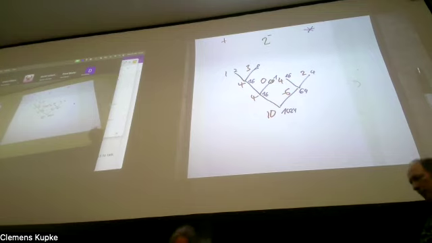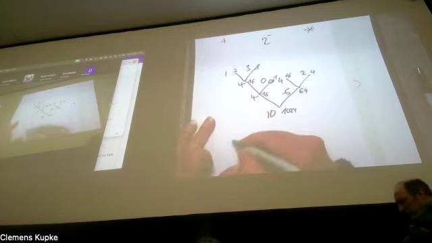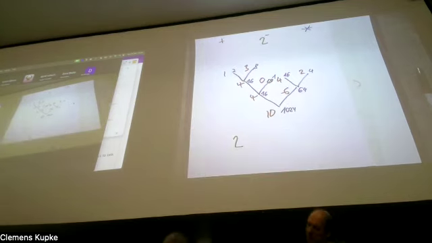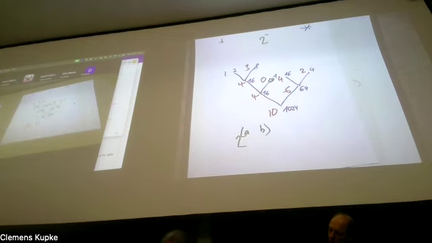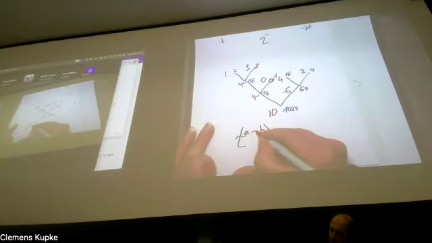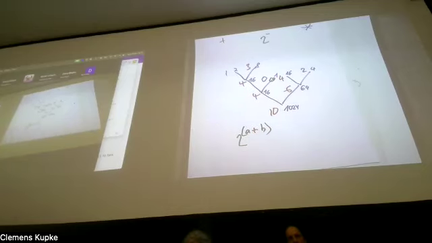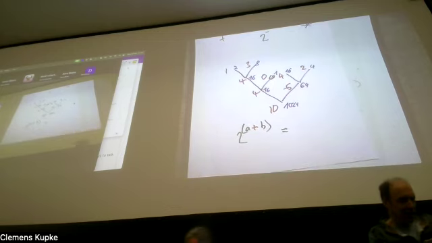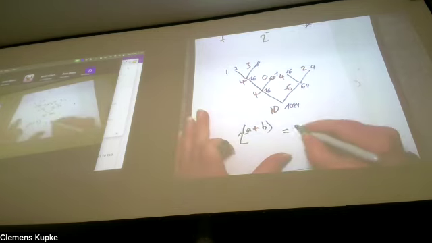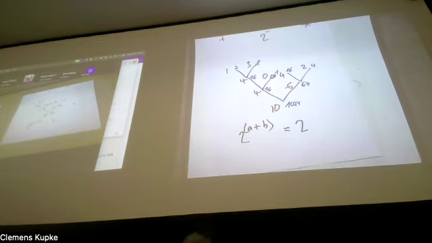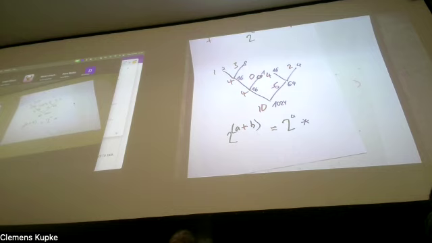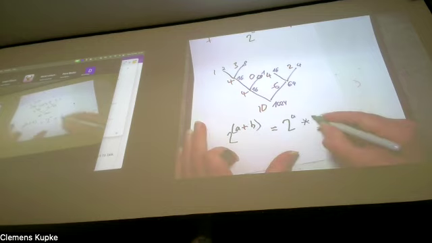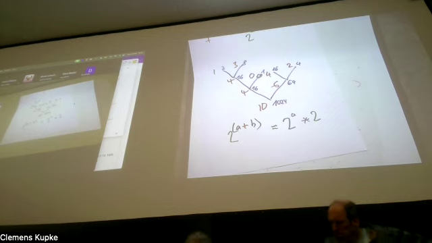So here we are saying that 2 to the power of A plus B is equal to 2 to the power A times 2 to the power B.